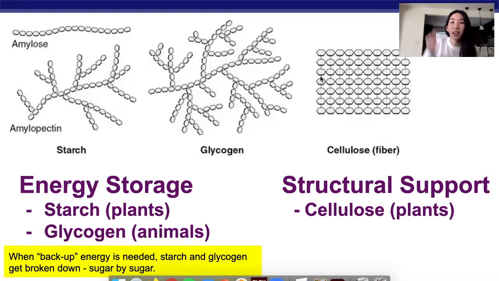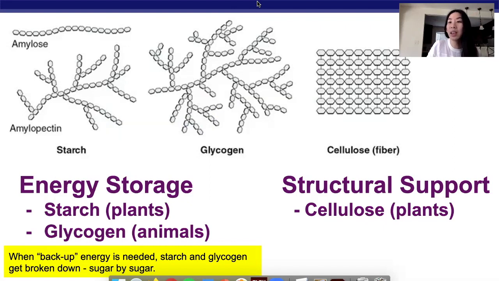So if you think about it, if this is an energy storage molecule, who's going to need more energy at a faster rate? Plants or animals? Do plants need to move around and run around? They don't, right? So it makes more sense that animals have more branches because that means more sugars can get cut off. Plants don't need to be running away from a predator.